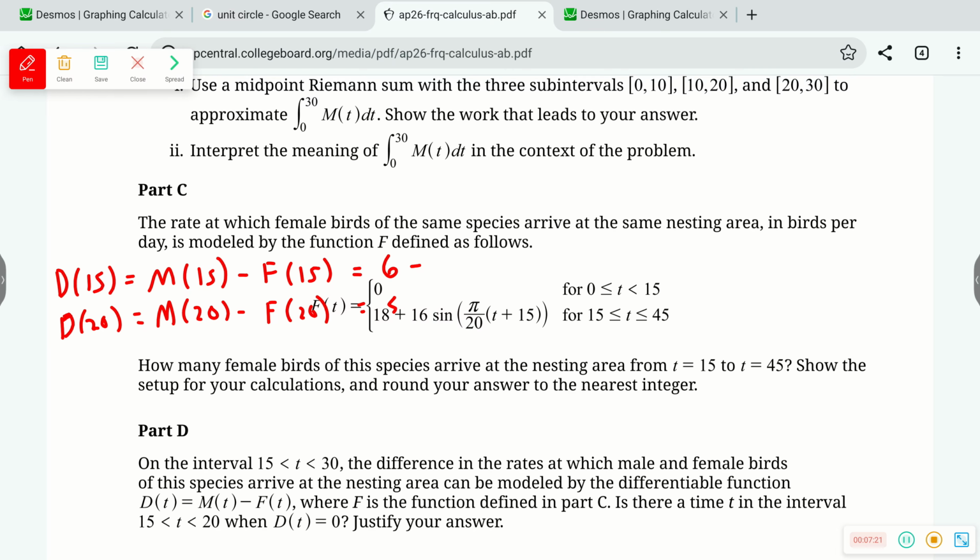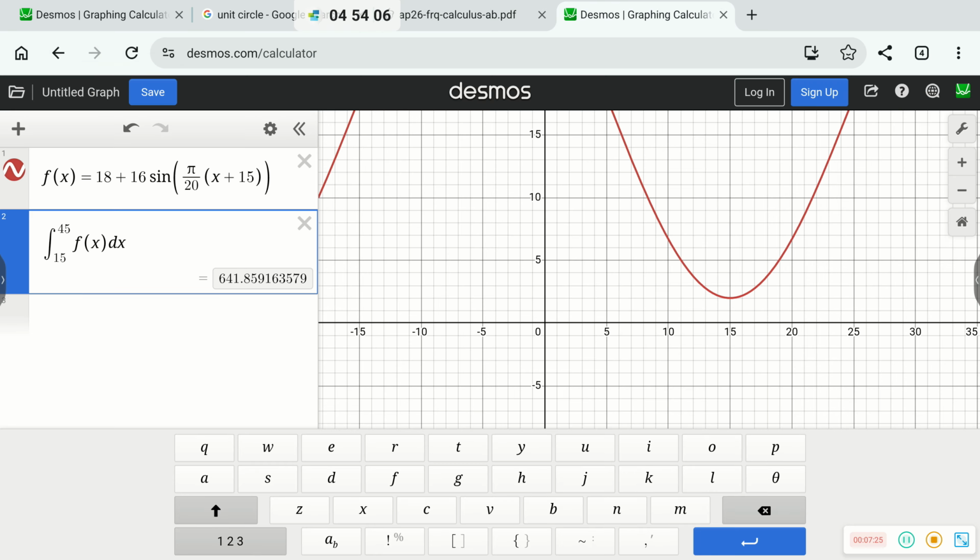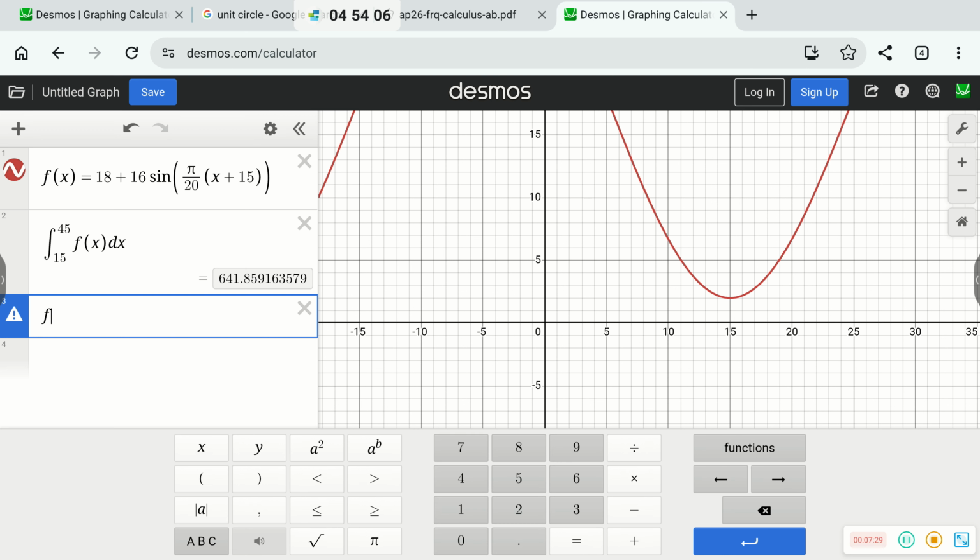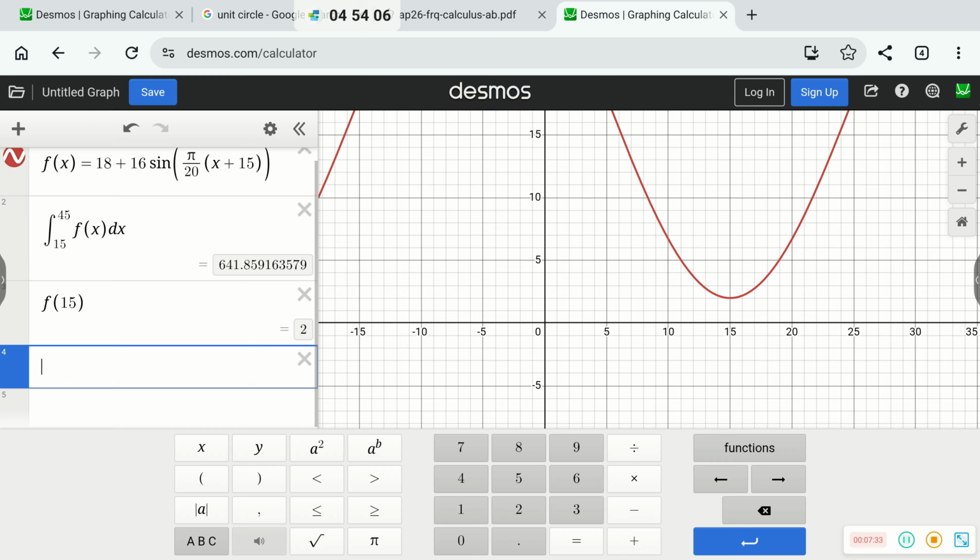So I've got to go back to here to get my f of 15 and f of 20. All right, f of 15. And f of 20.